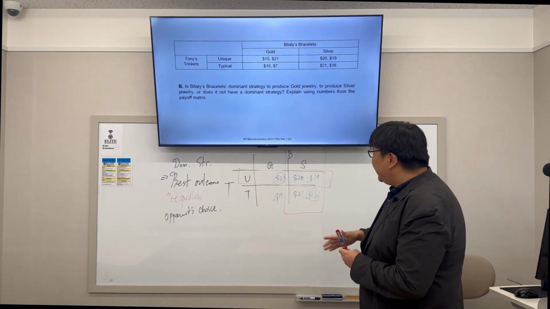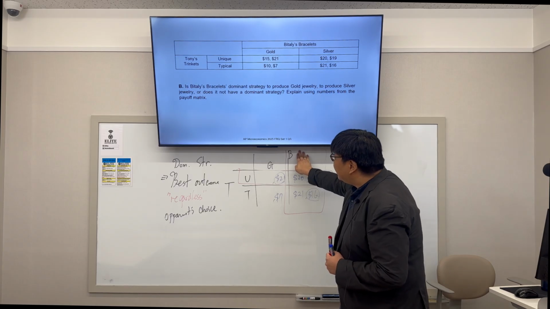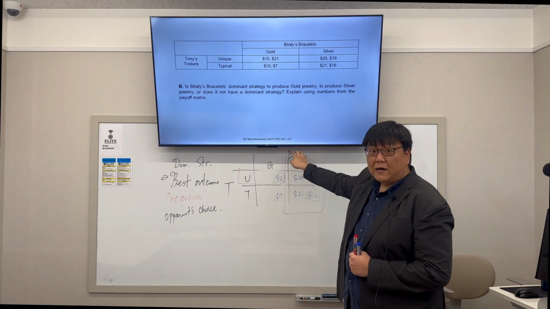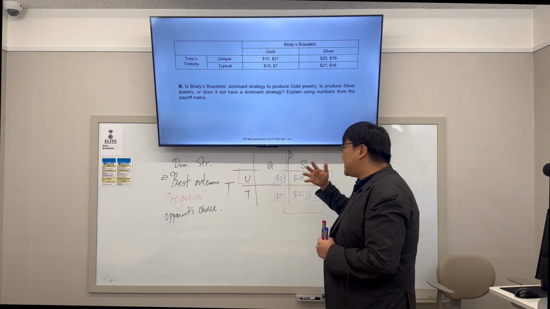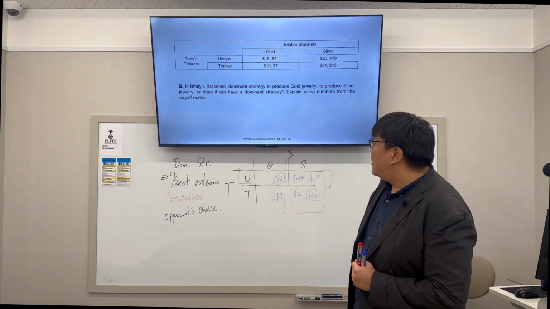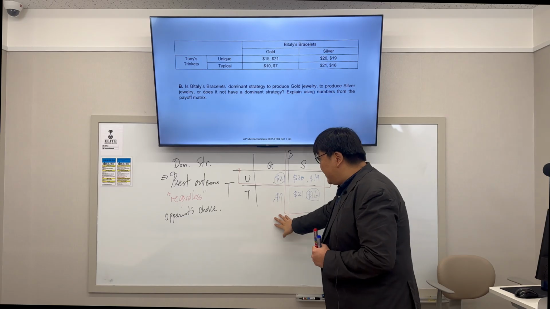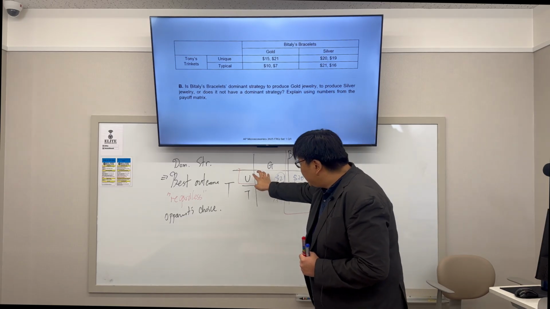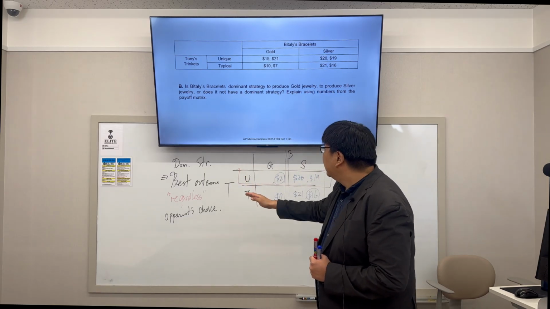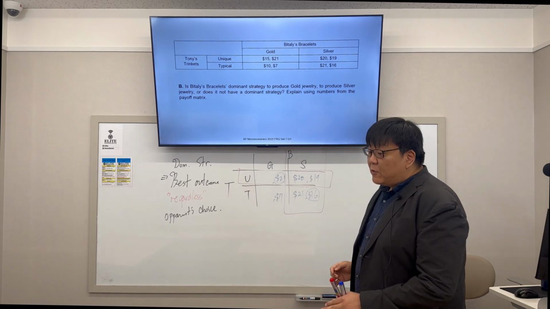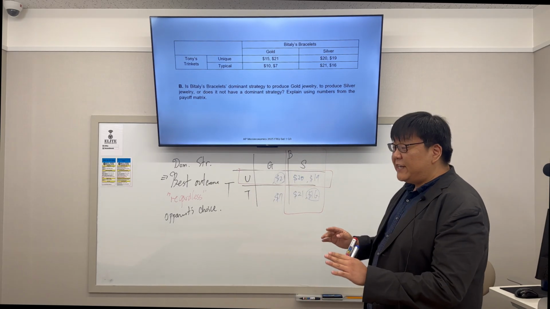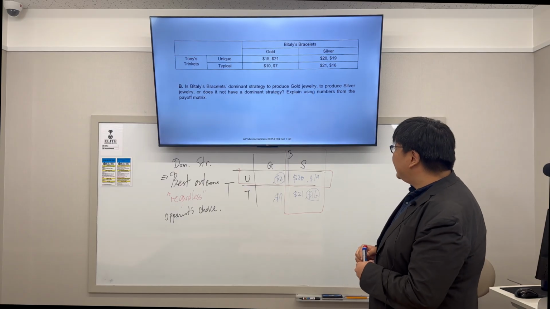As you see, Beetle's Bracelets' best response in this game is conditional upon Tony's choices. So we can conclude that there is no dominant strategy in this case.